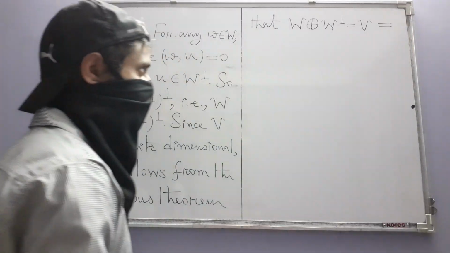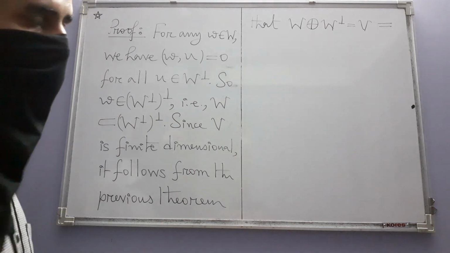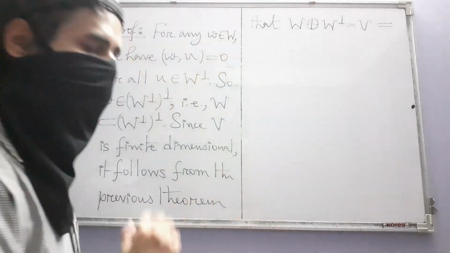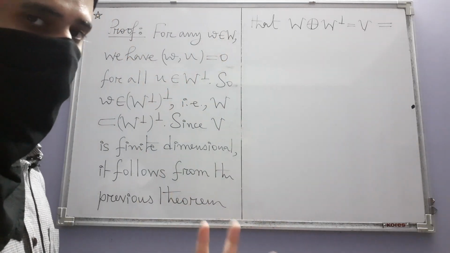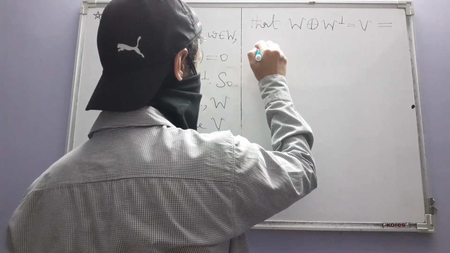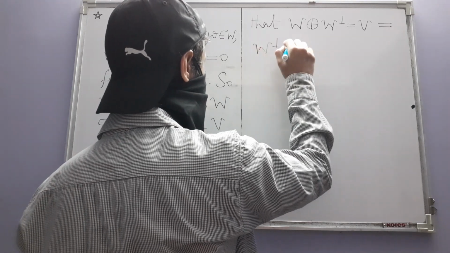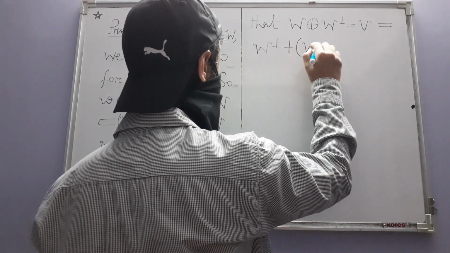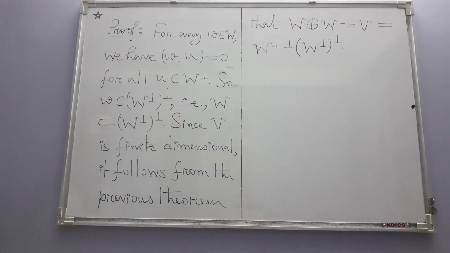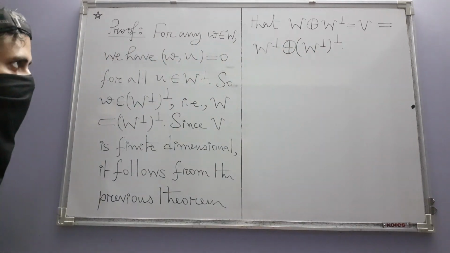But at the same time, we can write this same equation, the similar equation, for the subspace W orthogonal itself, because that is after all again a subspace of V. So that means in place of V, we can also write this. And this sum is also a direct sum.